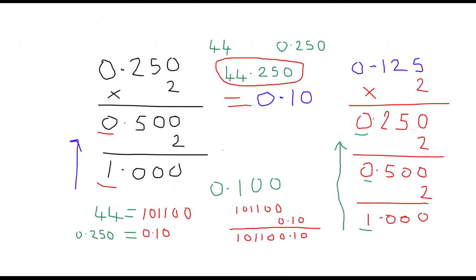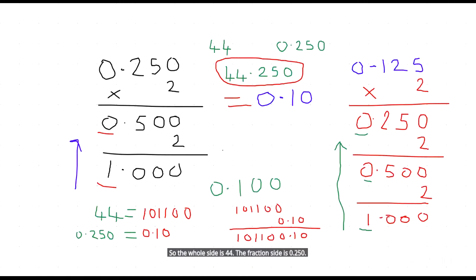Olaoluwa, Elizabeth, listen again. The question is to convert 44.250, a decimal number, to a binary number. The whole side is 44 and the fraction side is 0.250.